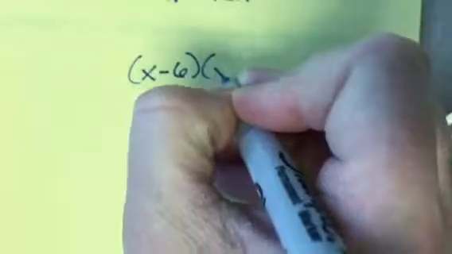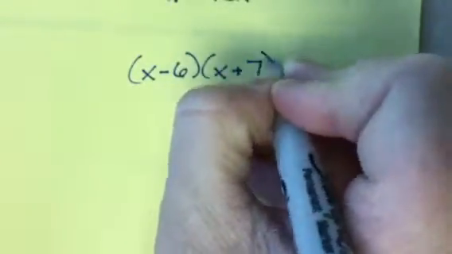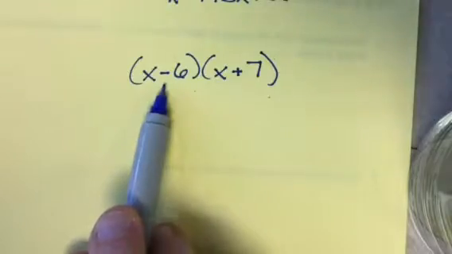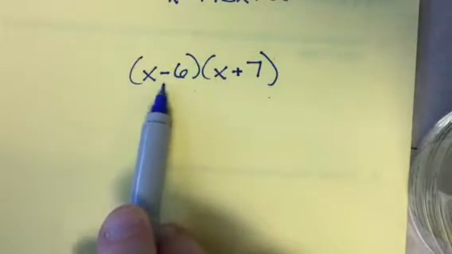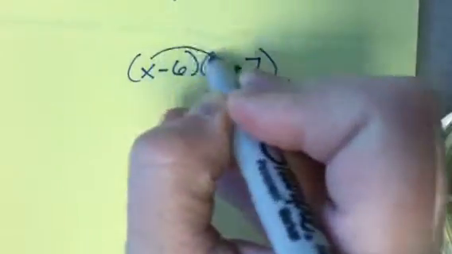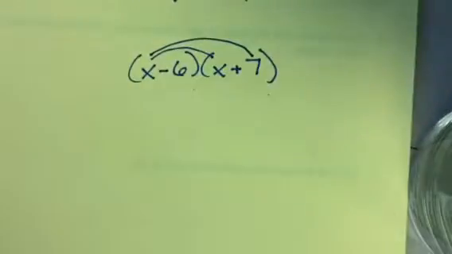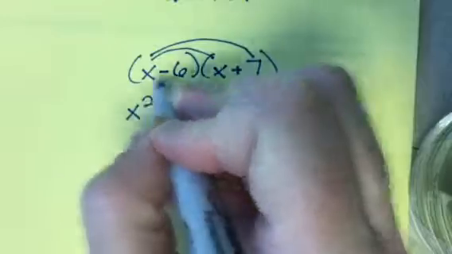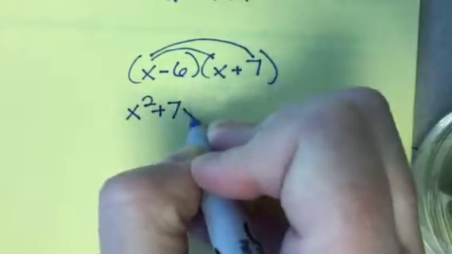Let's try x minus 6 times x plus 7. One thing is you just have to make sure you think of this as a negative 6. So if we use Miss Terry's method, I have to give x to everybody in those sets of parentheses. X times x is x squared, x times 7 is 7x.